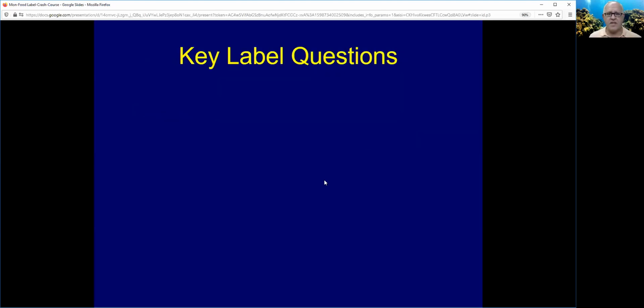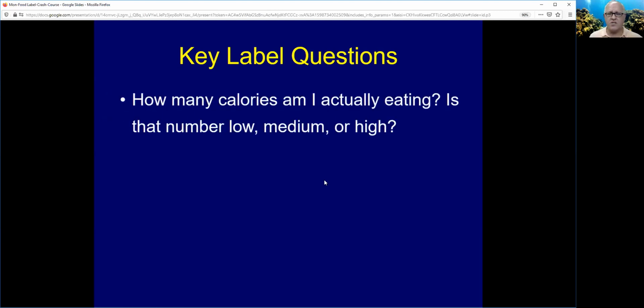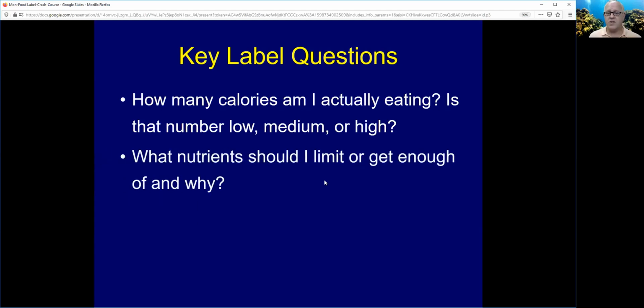There are a couple of key label questions. And the first question you want to look at is, how many calories am I actually eating? Is that number low, medium, or high for my particular nutritional needs? What nutrients should I limit or get enough of, and why?